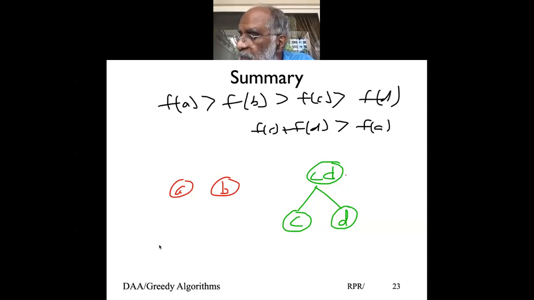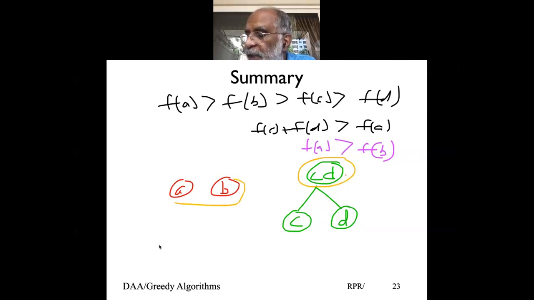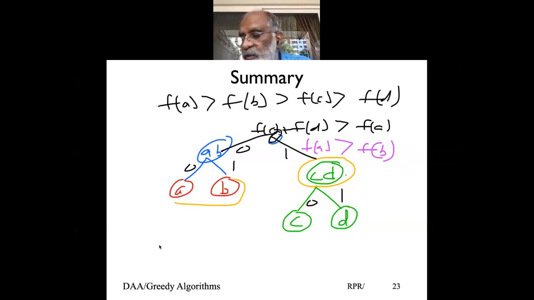And we know that FA is greater than FB. That means CD would have the highest weight. So we need to take A and B, join them together. This becomes AB. And then I'll have a root node for this tree. Now in this case, this is 0, 1, 0, 1, 0, 1. Each node in the tree has a fixed 2-digit code. And that's the reason my option C is correct.